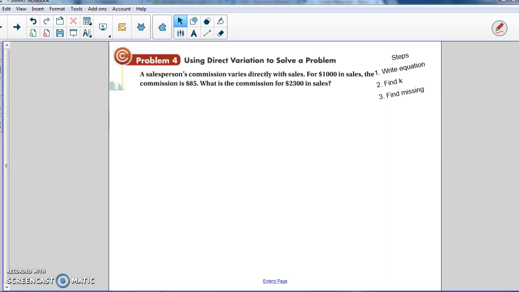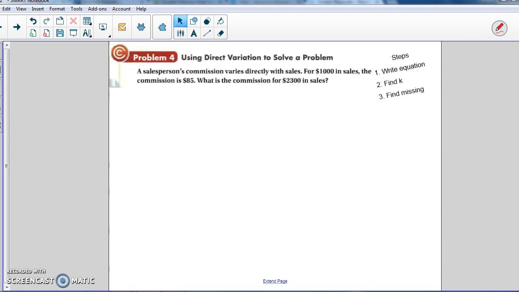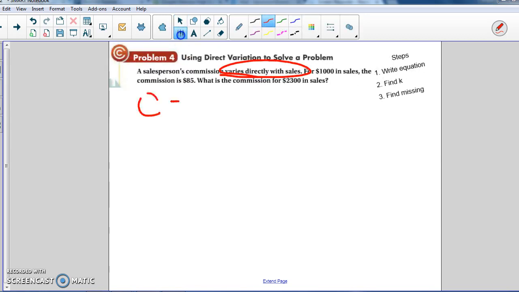So the first thing to do is write our equation. Since we're varying directly, commission varies. When we see varies, put equals k. Directly means multiplication with sales. So that's our basic equation.